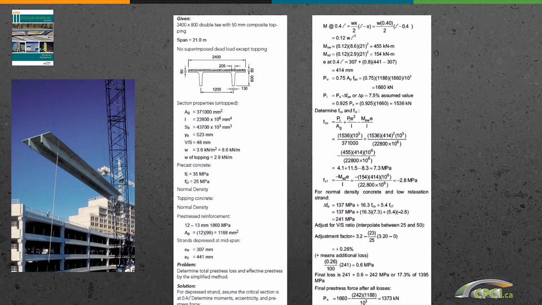The fast one essentially, the page is not shown here. It's essentially, if you go to this line here, it will tell you the whole thing. The fast one will say that the total pre-stressing losses is this value here, plus 16.3 FCO plus 5.4 FCI, where FCO is the stress of the concrete at the strand level at release, and this here is the stress of concrete at strand level under own weight and dead loads.